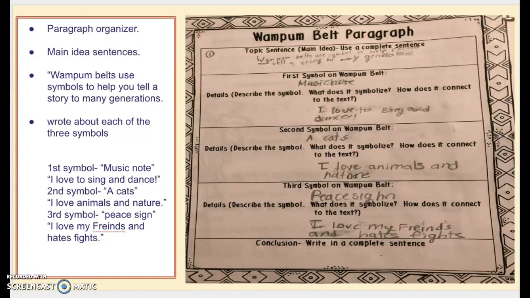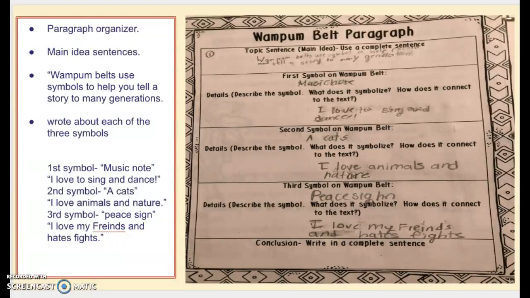Students then continued on to write about their symbols in a paragraph organizer. So this is a really nice scaffold for an EL, and most of the questions are right there on the page for them. This student wrote, "I love to sing and dance," and that was about her musical note.